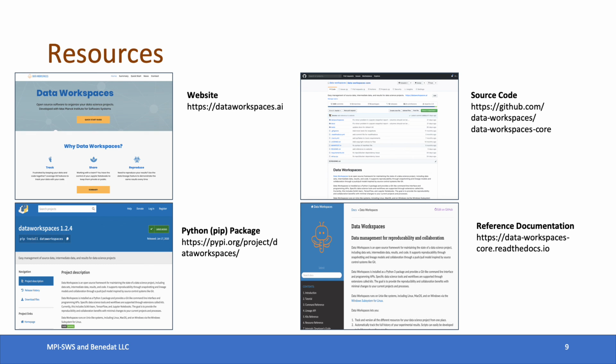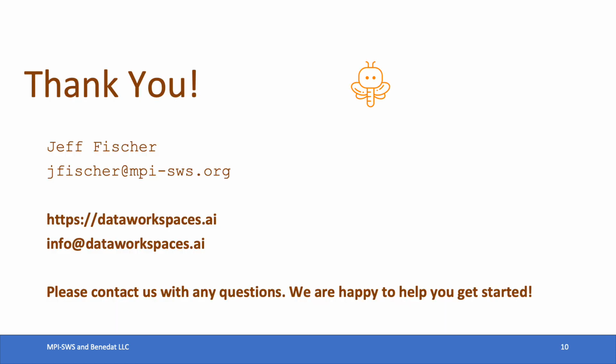We have reference documentation available in HTML format that goes into detail on all the commands and all the APIs that Data Workspaces provides. Finally, we packaged up Data Workspaces as a Python package, so you can use the pip Python installer to install it using one command.